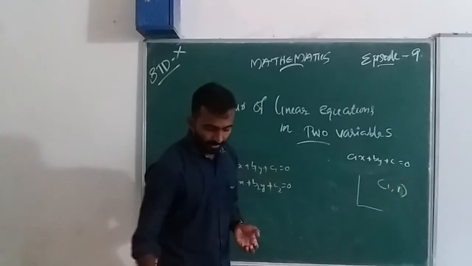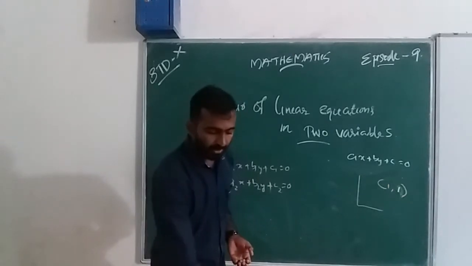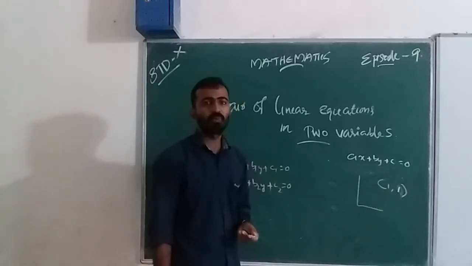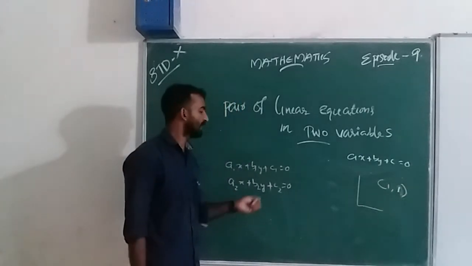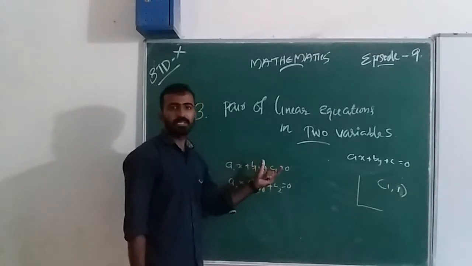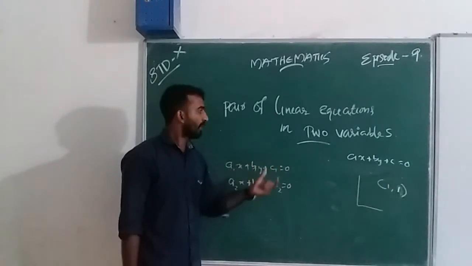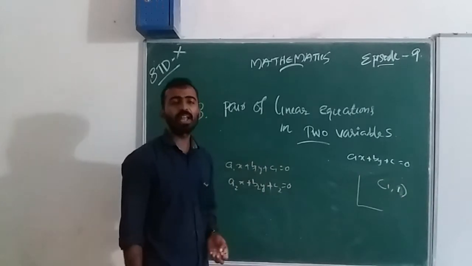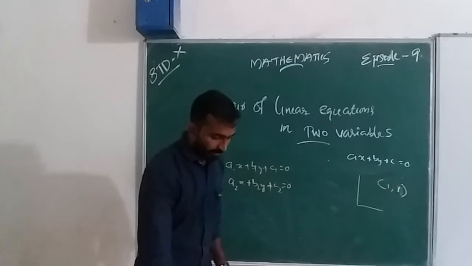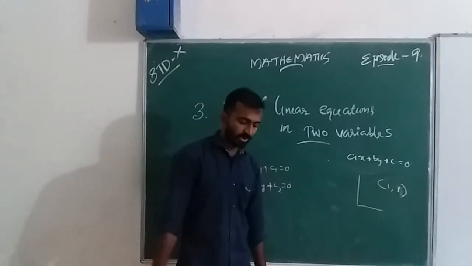In previous classes we already studied this, and the graph was already drawn. When we get a linear equation we can draw a graph. Is it? Yes. That is what happened in previous notes.